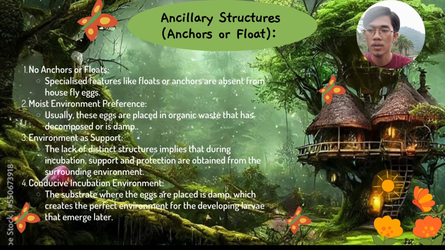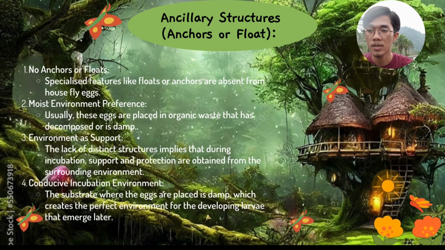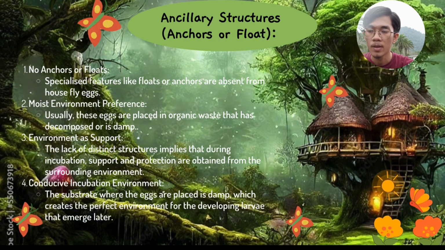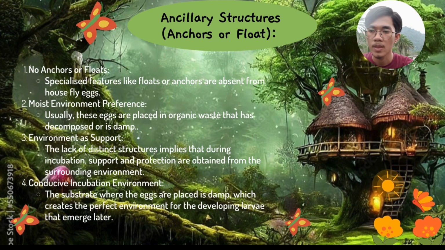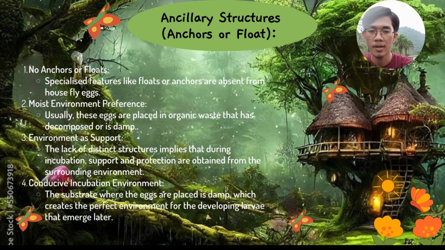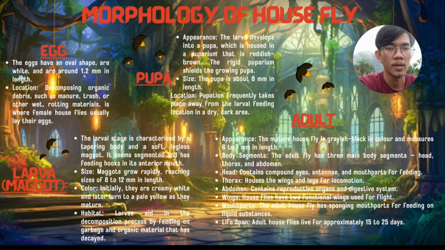Number three, environment as support: the lack of distinct structures implies that during incubation, support and protection are obtained from the surrounding environment. And number four, conducive incubation environment: the substrate where the eggs are placed is damp, which creates the perfect environment for the developing larvae that emerge later.